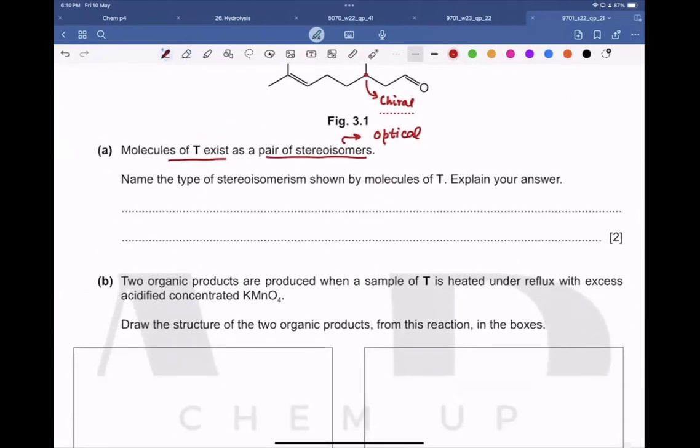So that's what they have asked you in the next part. Name the type of stereoisomerism shown by the molecule of T. Explain your answer.